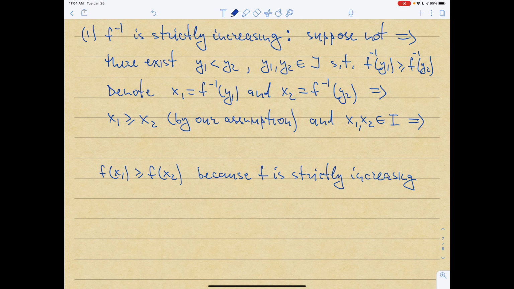If x1 is the same as x2, then of course f of x1 is equal to f of x2.